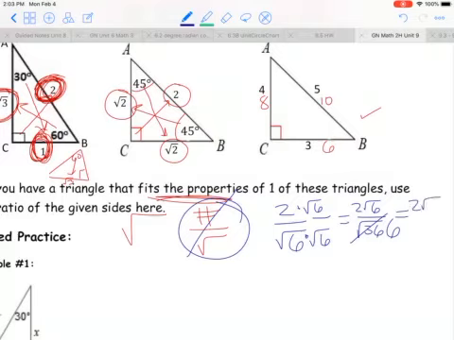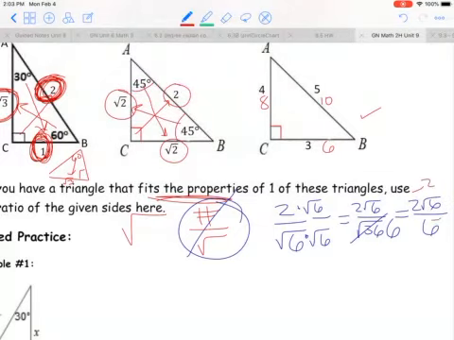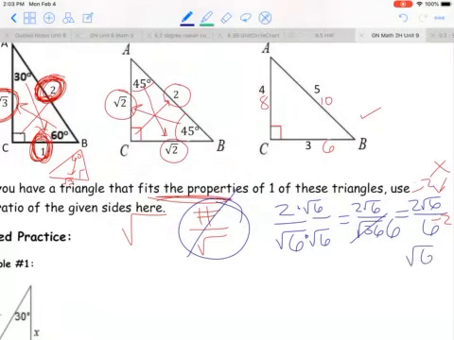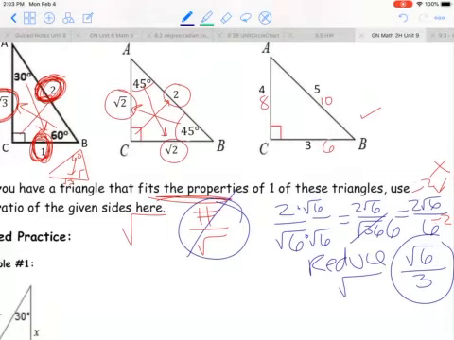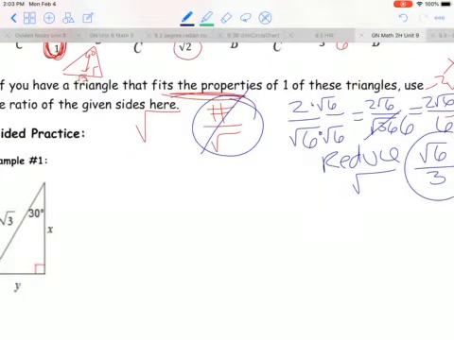So we get 2 radical 6 over 6, and you can reduce those each by 2. Not this guy, okay? Can't reduce the radical. So we get radical 6 over 3. So that's how you reduce radicals. And not even reducing, really. It's really just moving it.